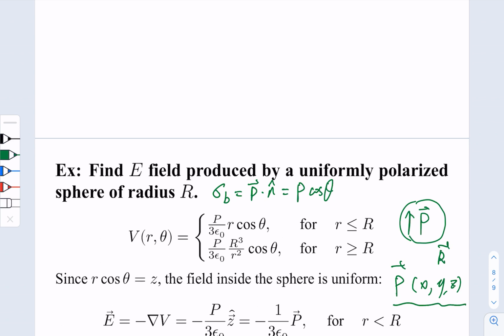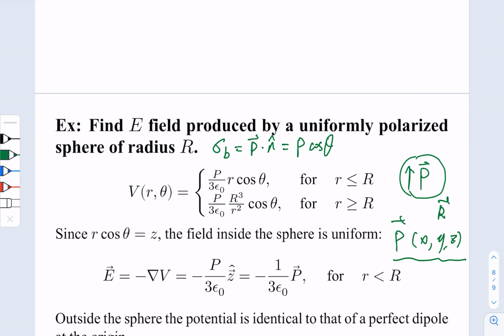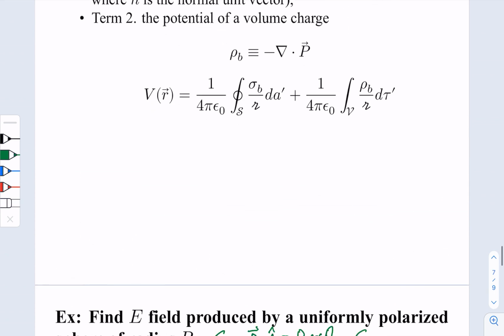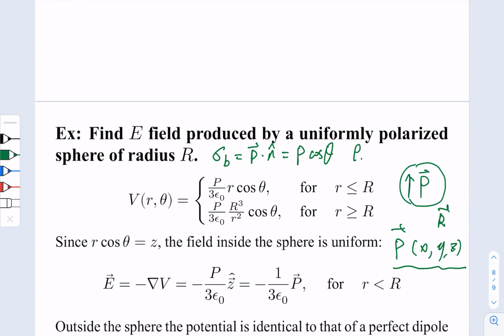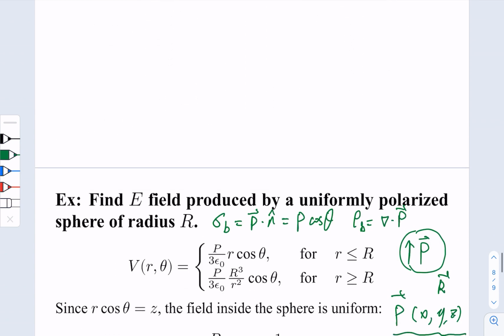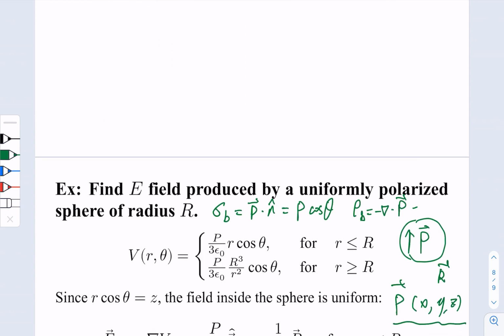And the bound charge here should be used as rho, minus del dot P. This term is exactly zero because P is a constant within the object.